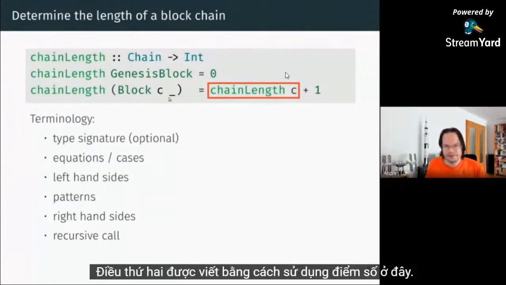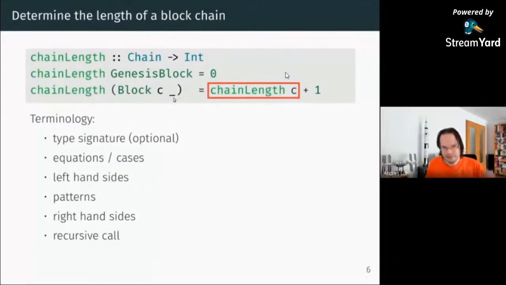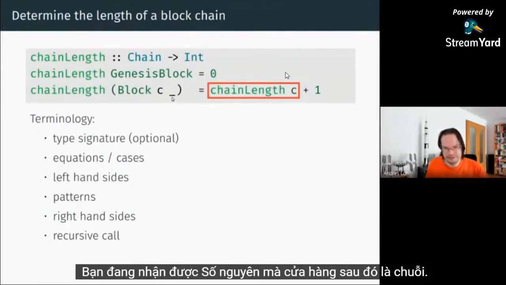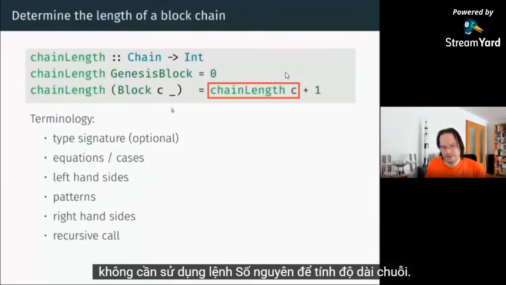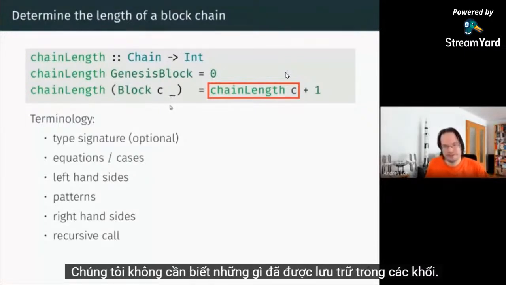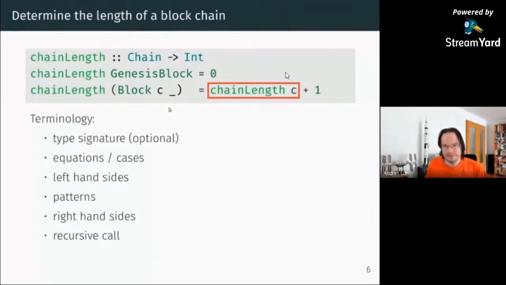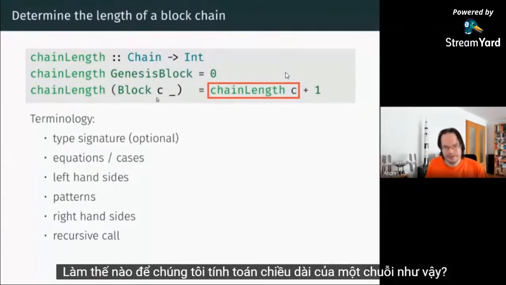The second one, written using underscore here, being the integer that is stored in the chain. In this case, we want to give a name to the chain being extended, and we don't need to use the integer. In order to compute the chain length, we don't need to know what has been stored within the blocks. How do we compute the length of such a chain?